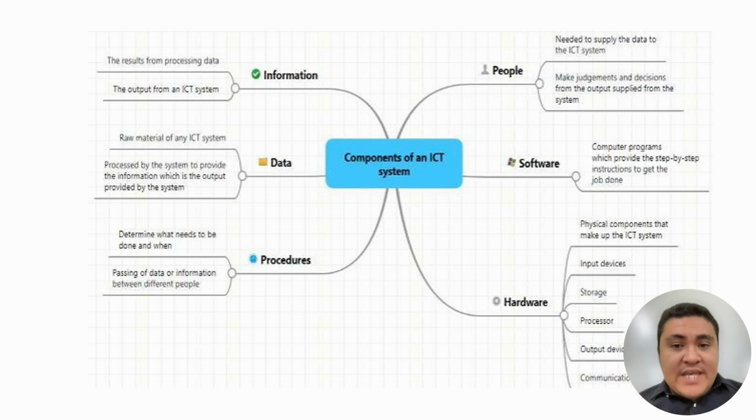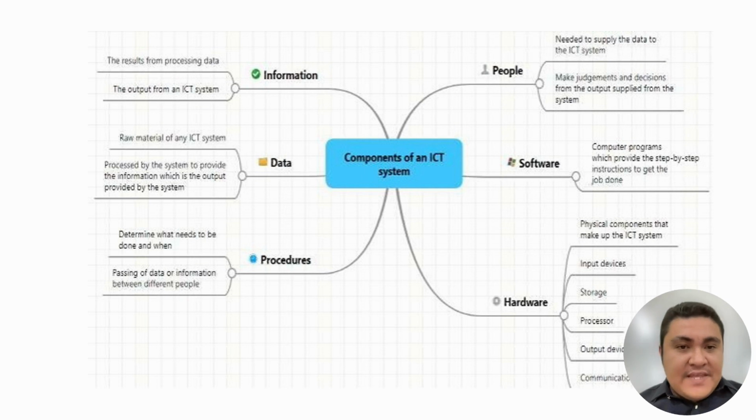Mainly, when you say IT, it has procedures of passing data or information between different people. It determines what is needed to do and when. So the data and information that is being used in ICT are passed on from one person to the other. Okay, so those are components of ICT.